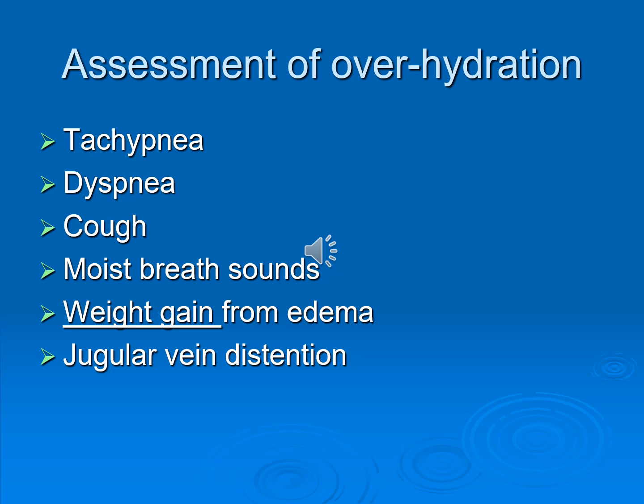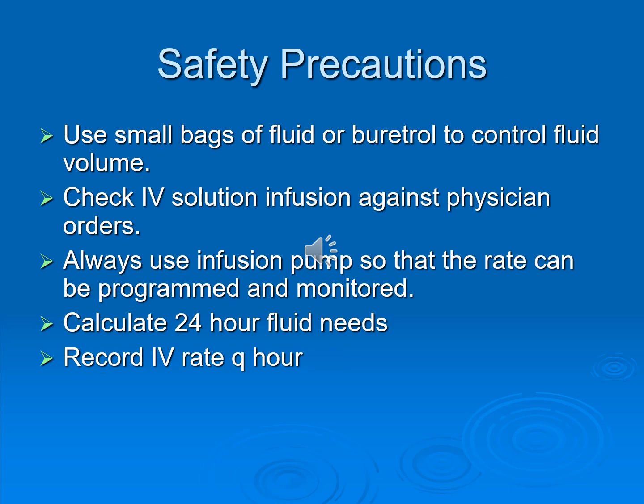Some signs that you will look for when assessing for overhydration is tachypnea, dyspnea, cough, moist breath sounds, weight gain from edema, and jugular vein distension. Essentially all of them are the same as with overhydration in an adult patient. However, with children, weight gain is going to be a big thing that you will notice.